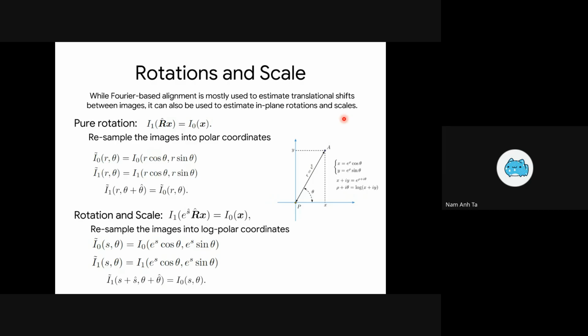How can we use the Fourier transform to handle rotation and scale? Beyond translation, while we previously focused on finding the translation offset, real world image changes often include both rotation and scale, which is zooming. This demonstrates that the Fourier transform is not limited to translation.